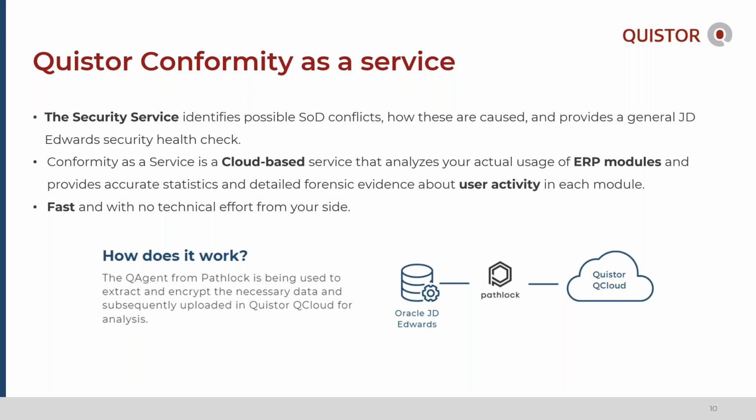So we tell you which user or user group or whatever has access to certain applications, and next to that, which users also did transactions in these modules. So with this analysis, we can tell you how the activities are in your system.